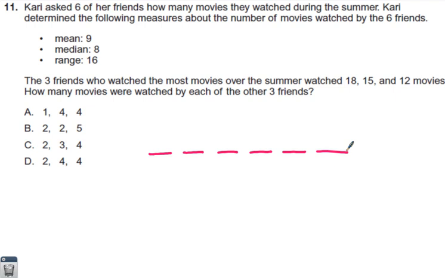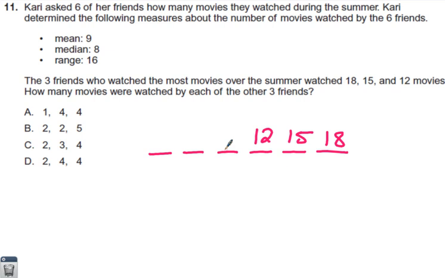And so the 3 friends of Carrie who watched the most movies were 18, 15, and 12. And we want to know what numbers go here so that the mean would be 9, the median would be 8, and the range would be 16.